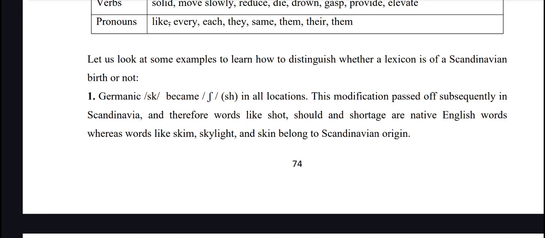This modification appears later in Scandinavian, and therefore words like shirt, shall, and sheriff are native English words, whereas words like skirt, sky, and skill belong to Scandinavian origin.